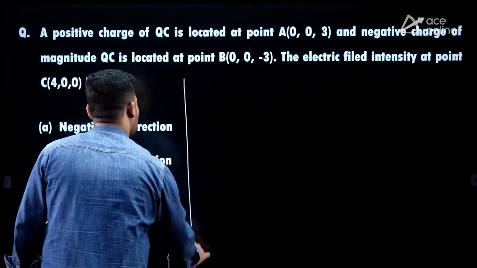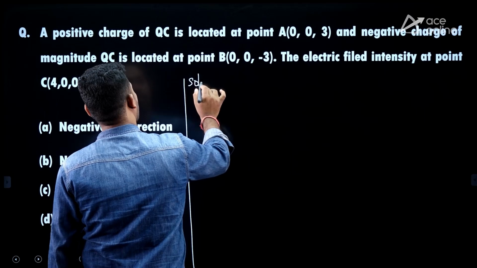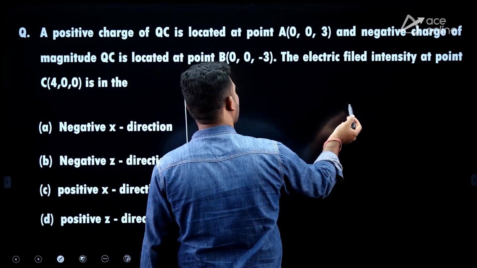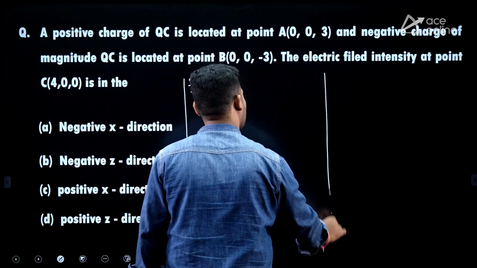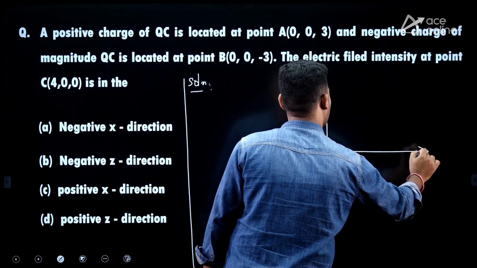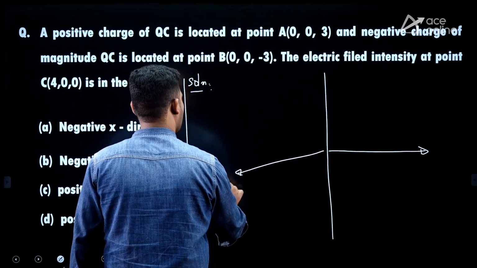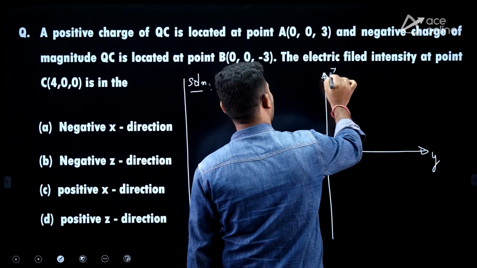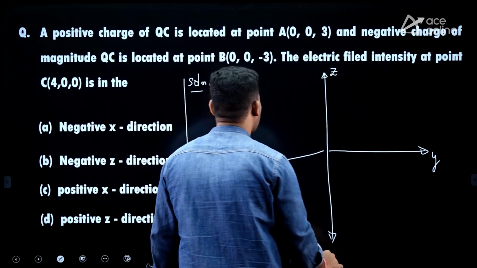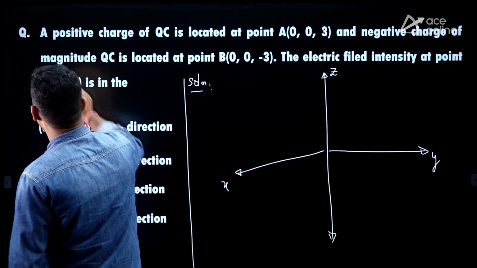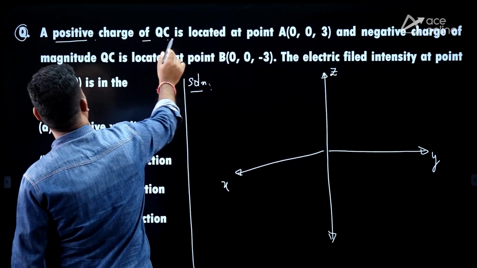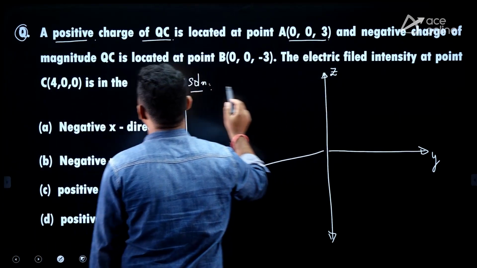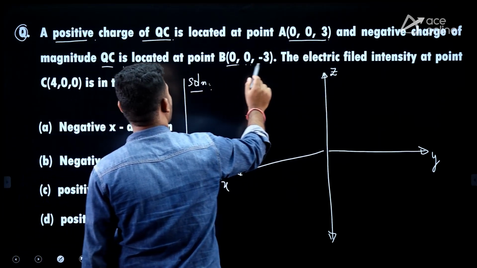See here, you can approach this question in two ways. You can use the vectors here. You can have a proper coordinate system. That is what I was saying. Coordinate system is important. This is x, this is y, this is z axis. So in the question, a positive charge q is located at the point (0, 0, 3), and the negative charge of q is located at (0, 0, minus 3).